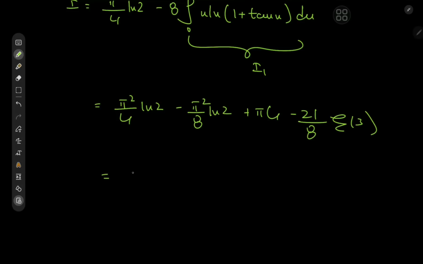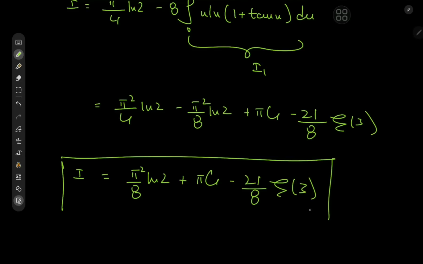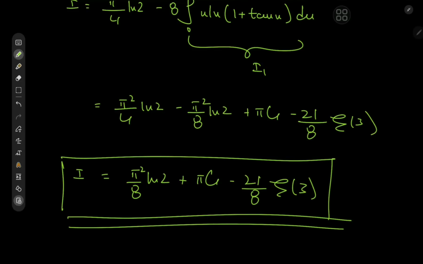So that means the final result for the target integral I is pi squared by 8 times log 2 plus pi times Catalan's constant minus 21 by 8 times Apéry's constant, which is an absolutely ridiculous result for a very cool integral.